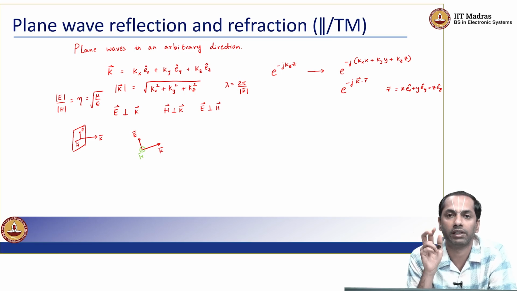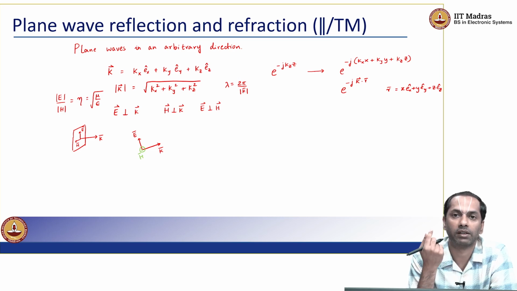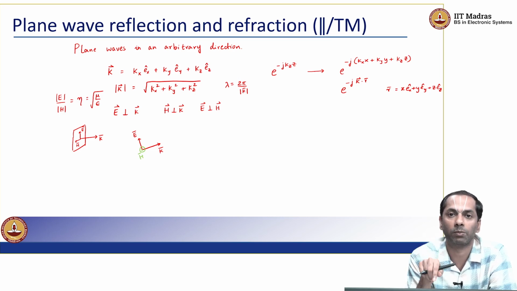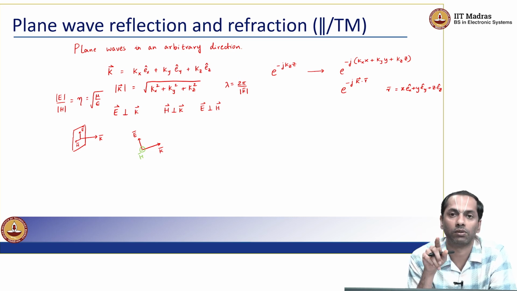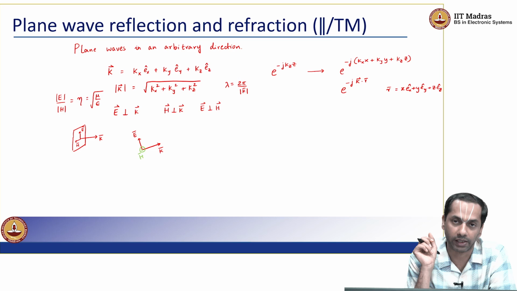You will usually see two vectors that are in plane and perpendicular to each other, and there will be a third vector that will be going into the plane or out of the plane. In this case I have shown a k vector, looking in a northeasterly direction, and then you have an electric field vector orientation, and I have my magnetic vector H coming out of the plane, which I indicate with a dot and a circle.